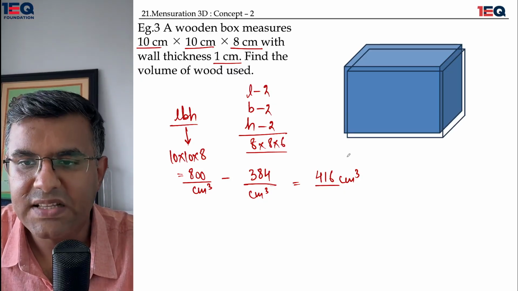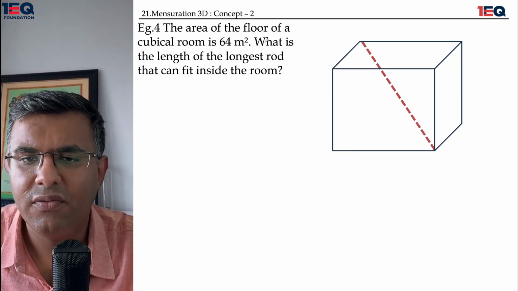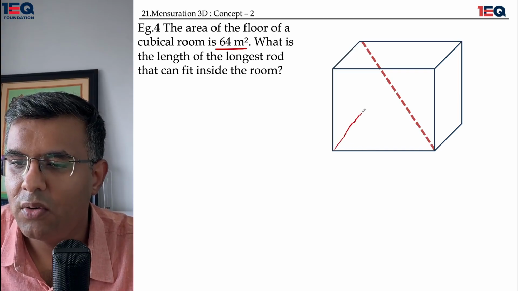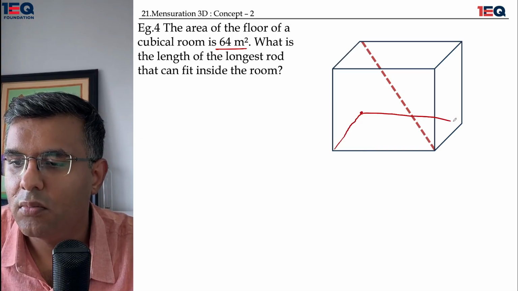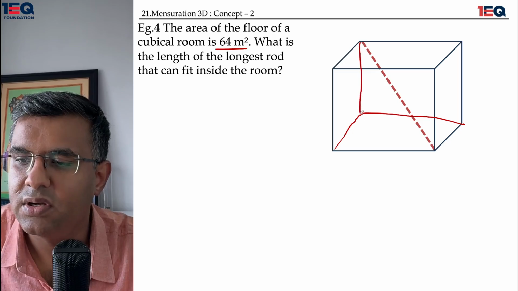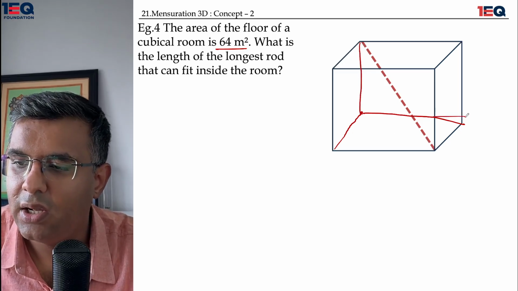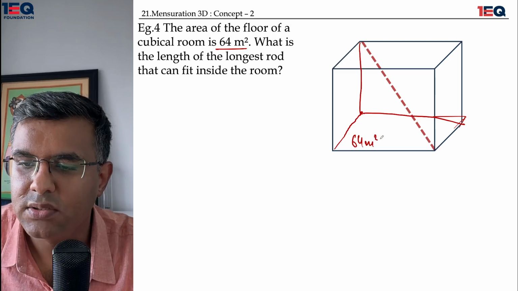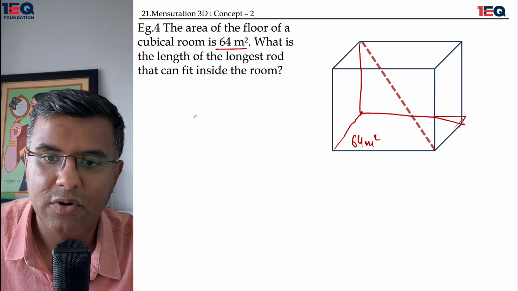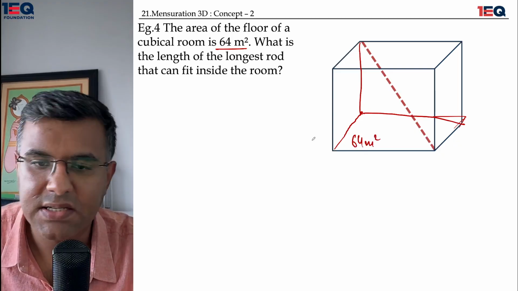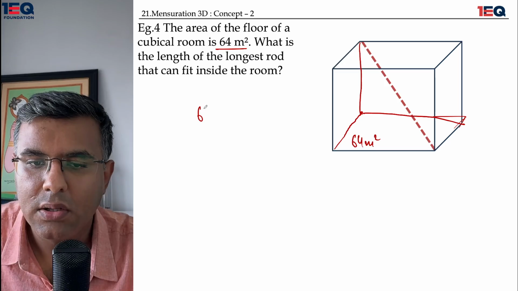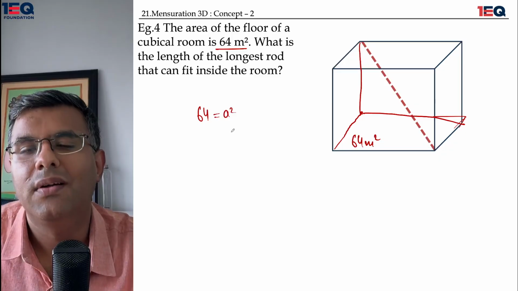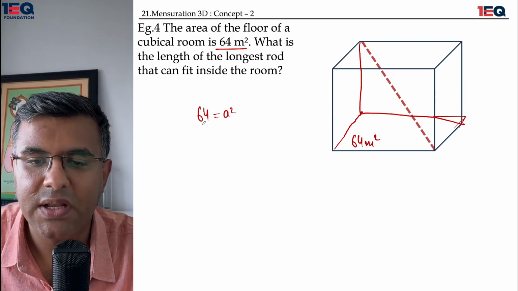Clear? Let's move on. The area of the floor of a cubical room is 64 meters square. The floor being talked about is here at the bottom, and the area is 64 meters square. When I say 64 meters square, that is equal to a square, which is the side of the bottom. a square is equal to 64.